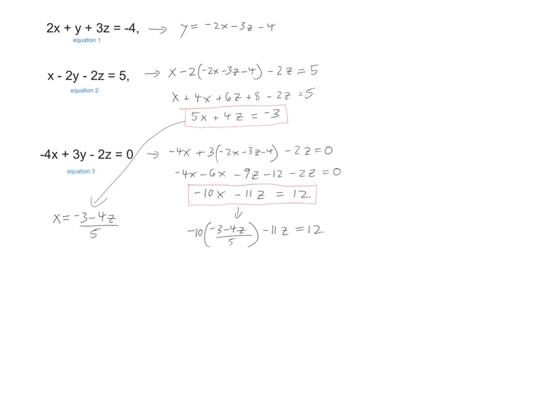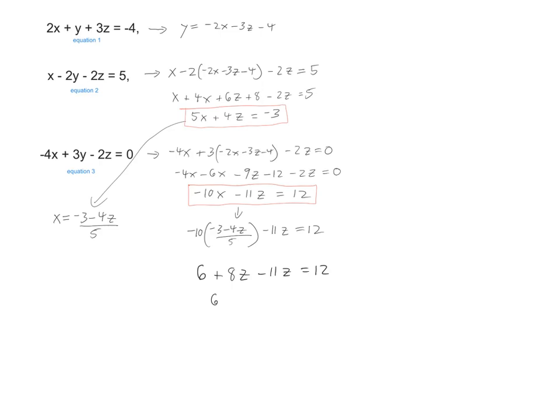Okay, so looking at this equation here, I want to simplify it a little bit. So let me expand out the left-hand side. The left-hand side is going to give me 6 plus 8z minus 11z and the right-hand side is 12.